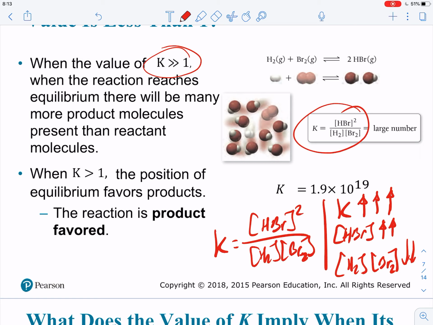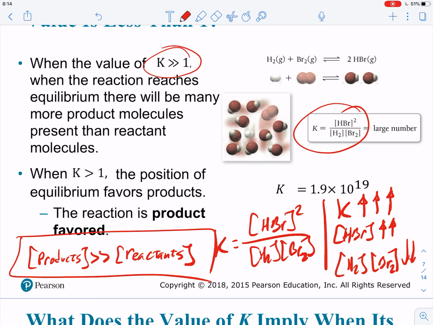The bottom line is that when K is large, the concentration of products is much larger than the concentration of reactants.